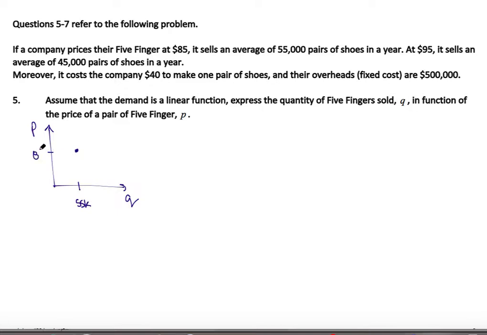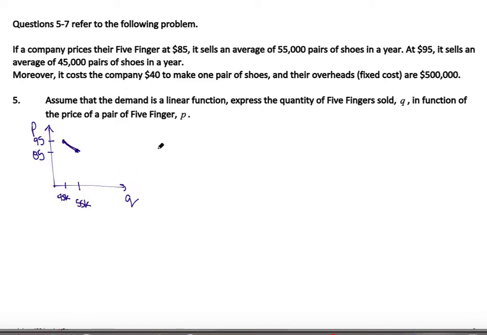Then at $95, it sells 45,000 shoes. So we can see that this is a demand curve because it is going down and to the right. So we're assuming it's linear between these 2 points.